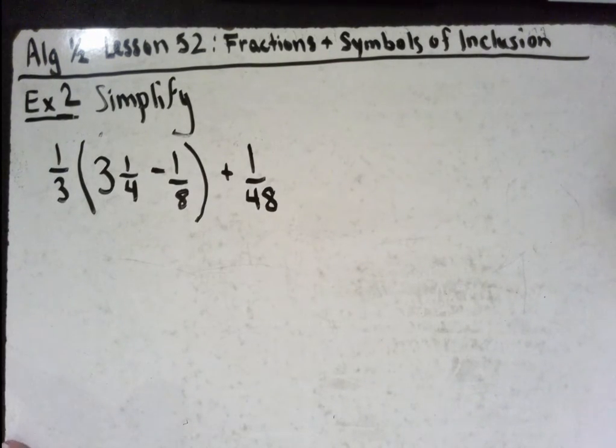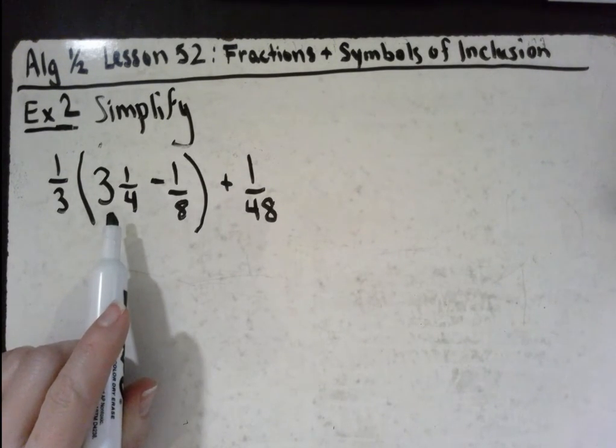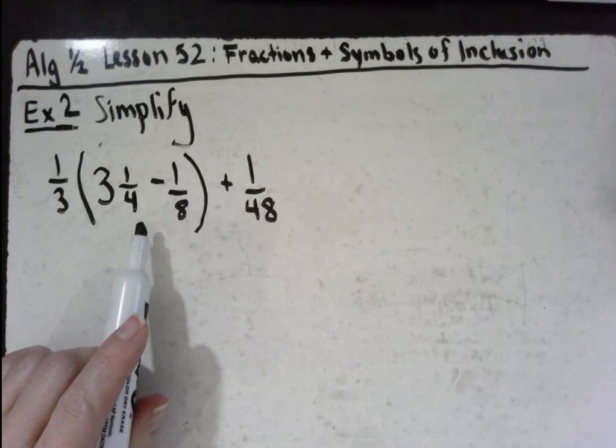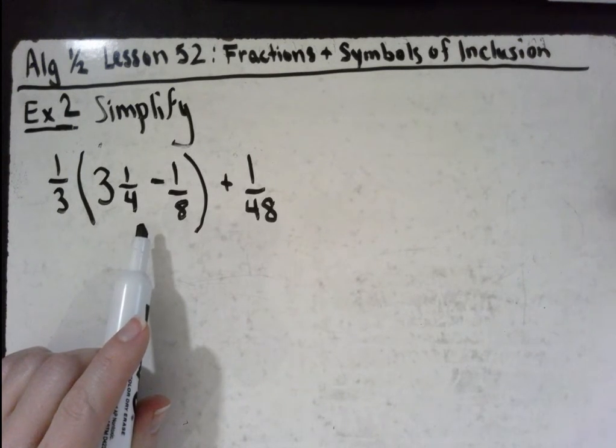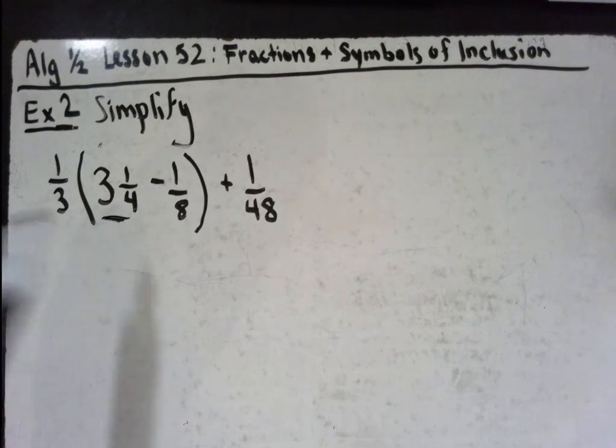So you can try this one on your own. Keep in mind, with a mixed fraction, you can either convert it to an improper fraction, or you can use the rules that you know to subtract, but I would convert this one to an improper fraction just to make everything a little simpler. So go ahead and pause the video, give it a try, and then check your answer in a moment.